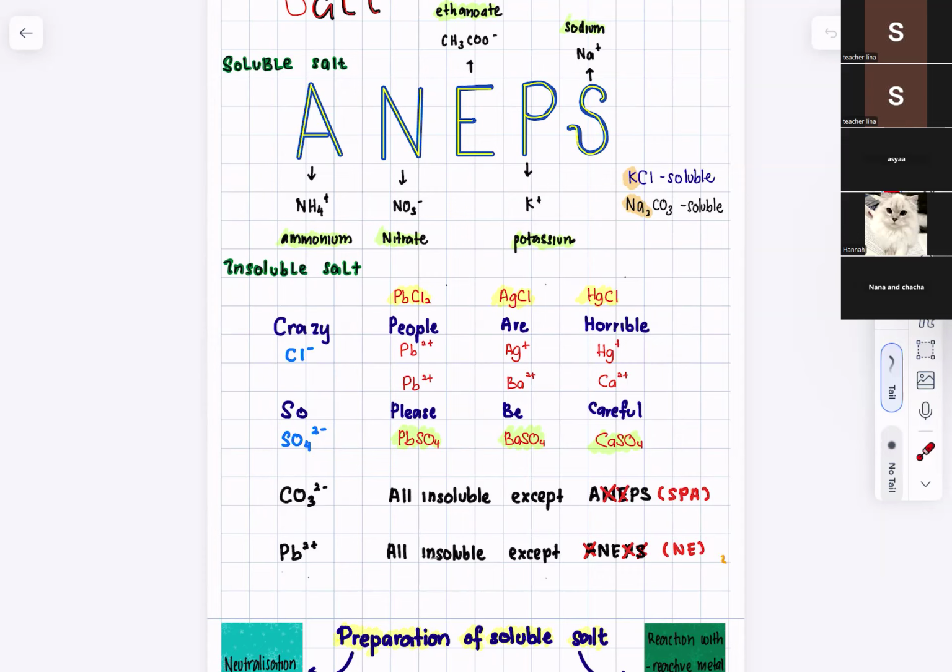Magnesium sulfate. Soluble. Copper II carbonate. Insoluble. The last one, Chacha. Potassium chloride. Soluble or insoluble? Soluble. Yes, good job. Done.